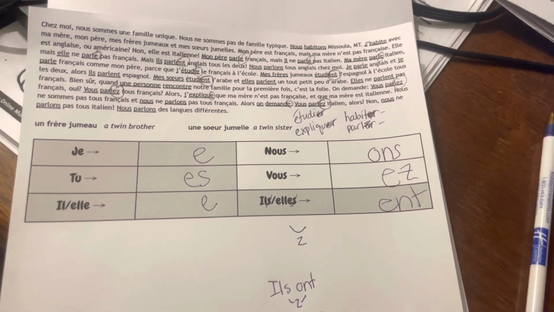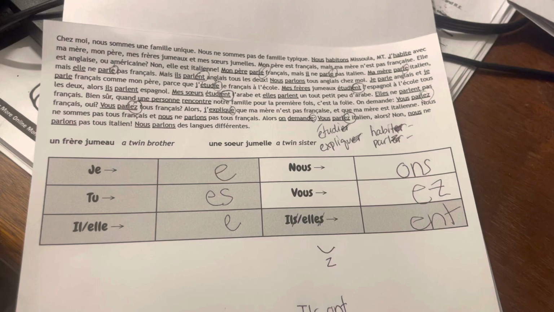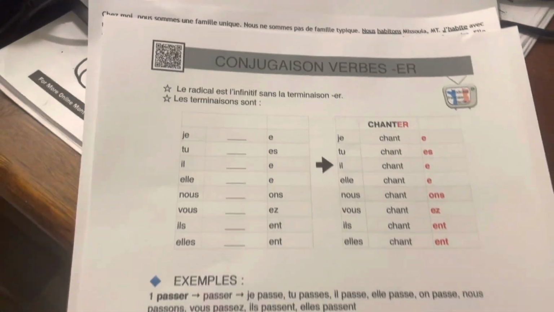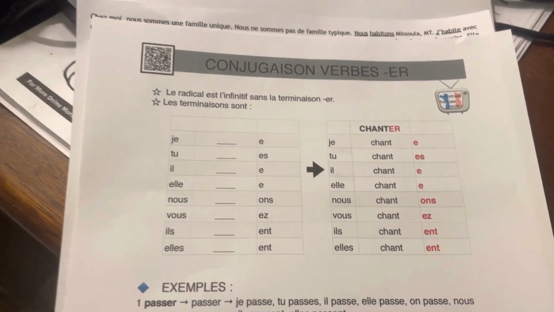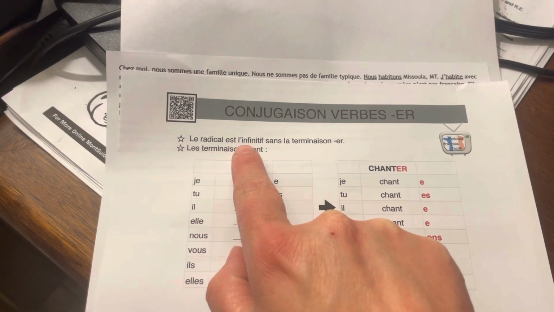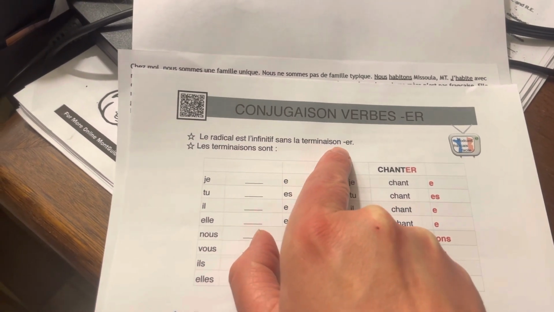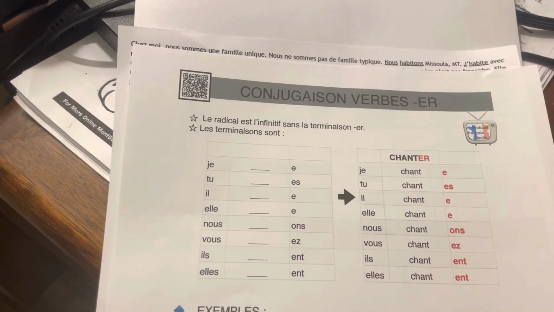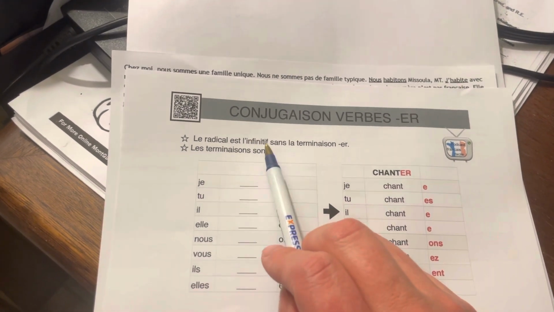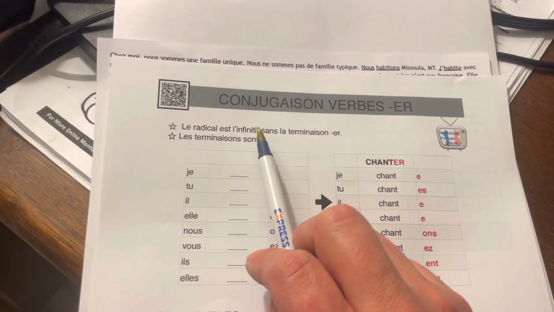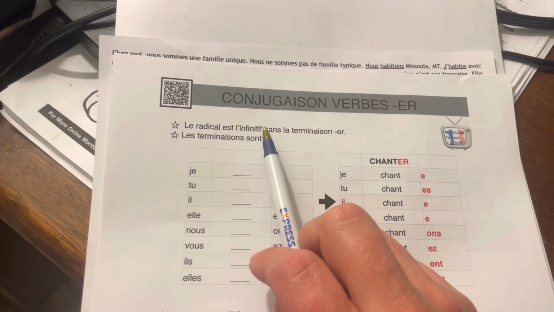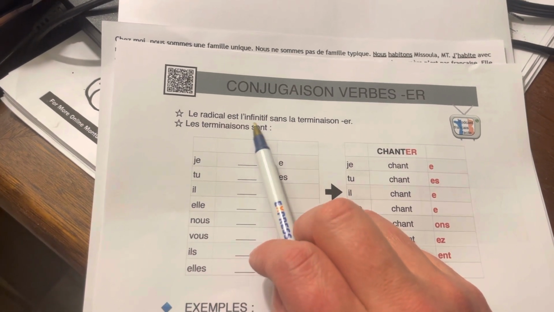All right, so now we're moving over to our conjugation with ER. So this is going to show you here, le radical est l'infinitif sans la terminaison ER. That's fancy grammar talk for the root is the infinitive. That's that whole verb that we've just been learning, like écouter and parler and nager and manger. Those are infinitives.